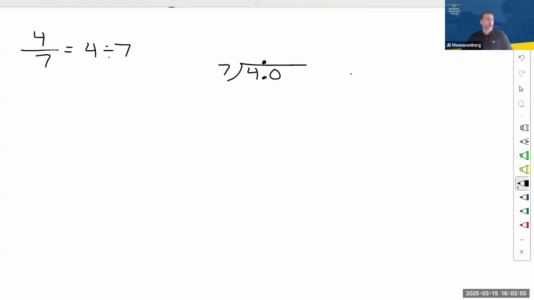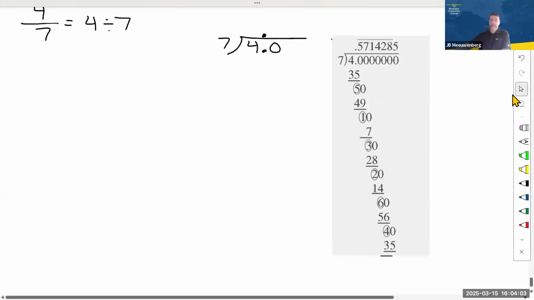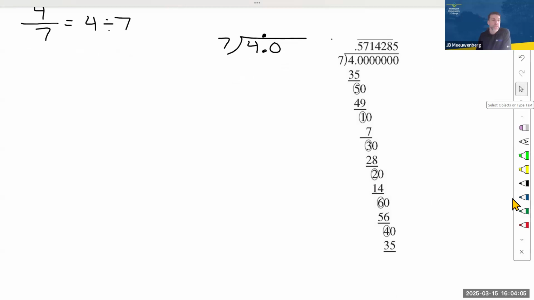If you've tried this, I'm not going to work through the whole thing, but I'm just going to show you a little demonstration of what it should look like when you are done. So 4 divided by 7, 7 goes into 40 5 times. Subtract the 35 to get 5, bring down the 0.